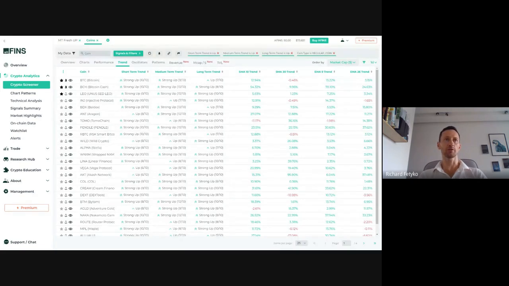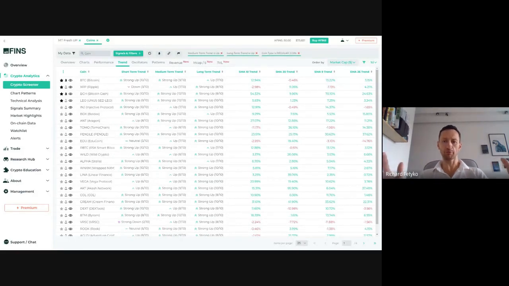You just click on the X here, and therefore the pool of potential candidates for your trade widens. But that's another technique, an easy way for you to find coins in an uptrend. In this case, I think most of us are more interested in coins that are in an uptrend than a downtrend. And so once we have that, let's get back to the presentation.